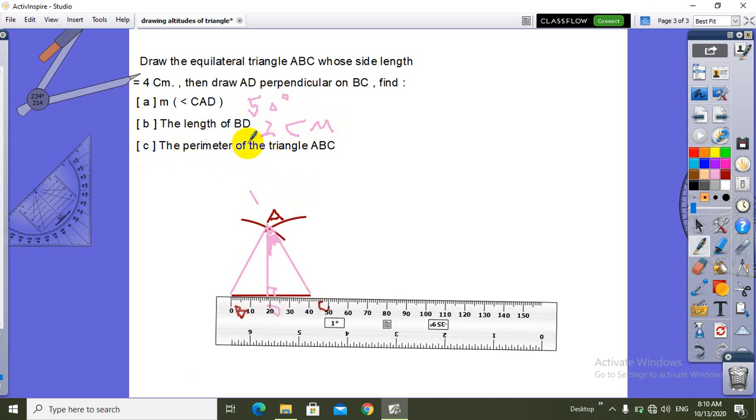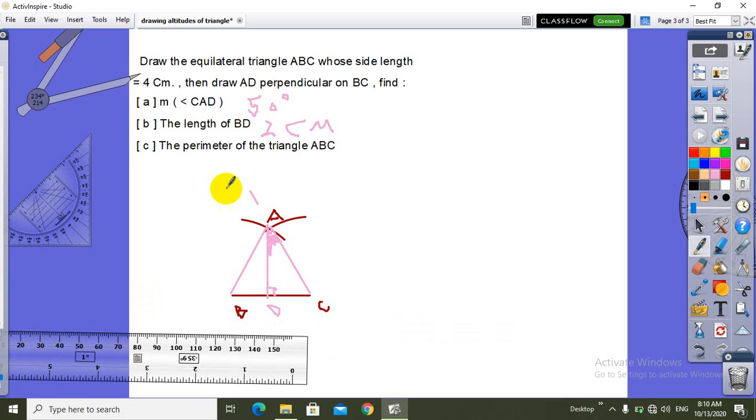And to get the perimeter of triangle ABC, what is the meaning of perimeter? Perimeter means the sum of the outside lengths of the shape that you want to get the perimeter of. ABC, this triangle, I want to get its perimeter. You know that AC is 4 centimeters and AB is 4 centimeters and BC is 4 centimeters. Then 4 plus 4 plus 4, or 4 times 3.